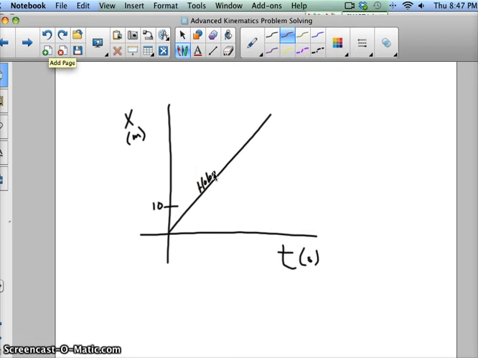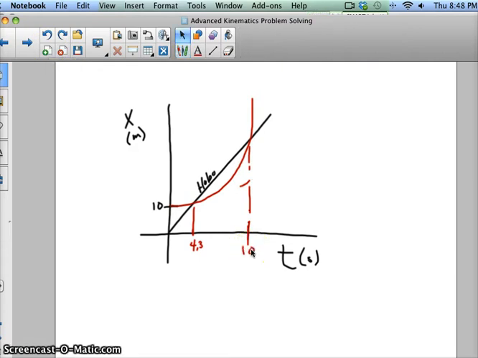Now the train starts off slow and slowly speeds up. And there's our two chances right there. This was 4.3, and this time here was 10. So that's pretty cool. Pretty cool problem. I like this problem. Interesting.